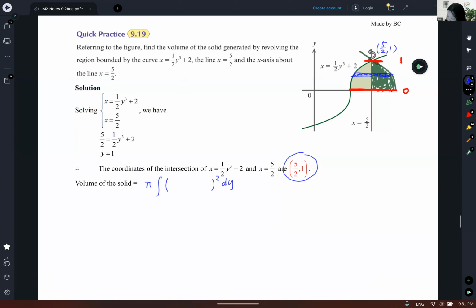And r in this case is this one. This is r. R in this case is from purple to green. So I'm using 5 over 2 minus 1 over 2 y cubed plus 2.